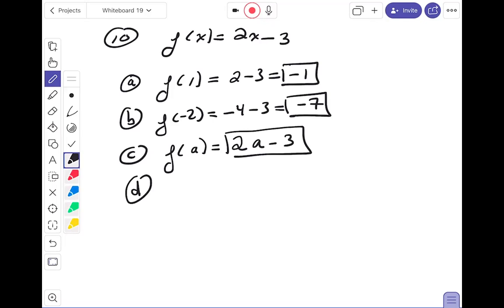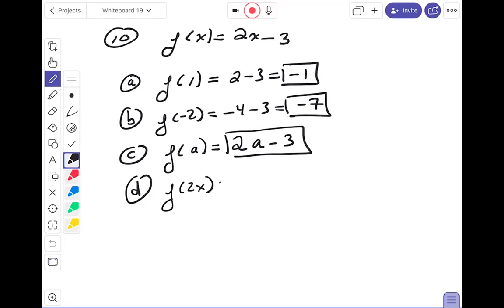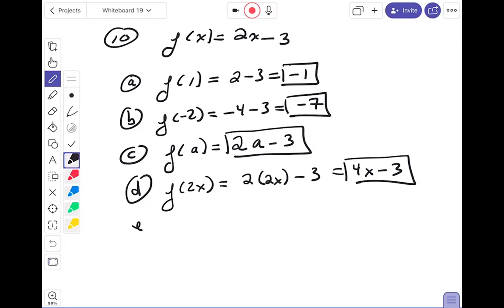Let's go to D. D is f of 2x. It seems strange, but I'm going to plug it in. 2, parenthesize the variable, 2x. What does that give me? 4x minus 3. Let's go to E. What does E state? F of x plus 1. 2, parenthesize the variable.